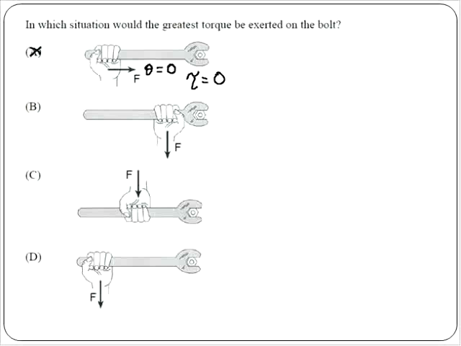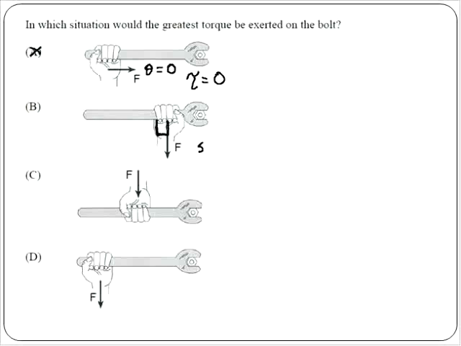Now in the other 3 choices, the forces are all perpendicular. You can see that by looking at the diagrams, right? So that means that we have the maximum angle. So that part is okay. The forces are the same though, but they're not the same torque, because if you look carefully, the distances are different. The point where the force is being exerted is right in close to the nut.